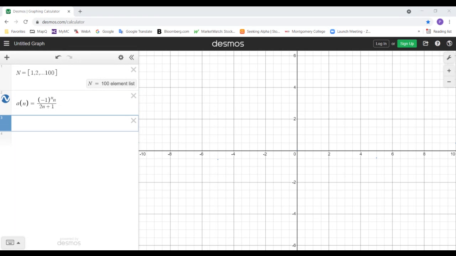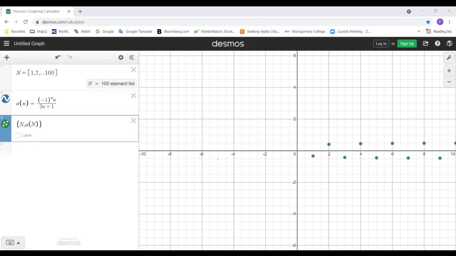Now you have to put in a third command that'll plot this sequence for you. The third command is going to be left parenthesis n, comma, A sub n, big N. Remember, n is 1, 2, 3, 4 up to 100. See on the left how it puts a circle with dots on it? There you go.